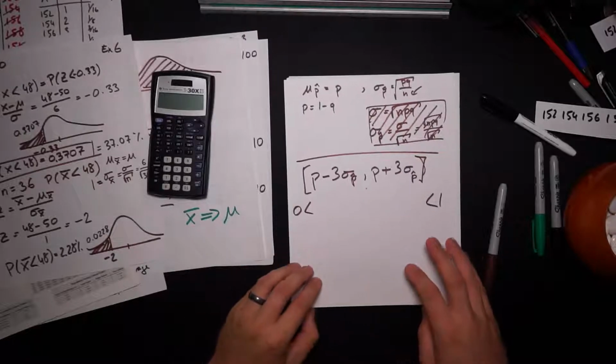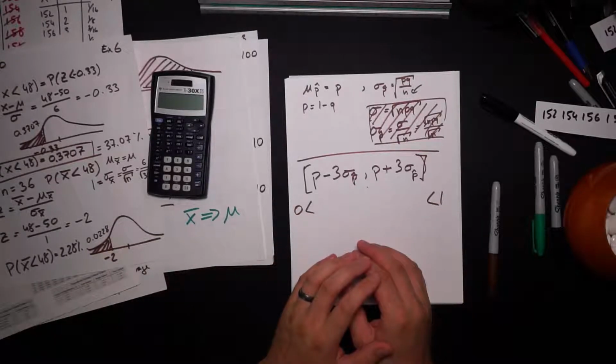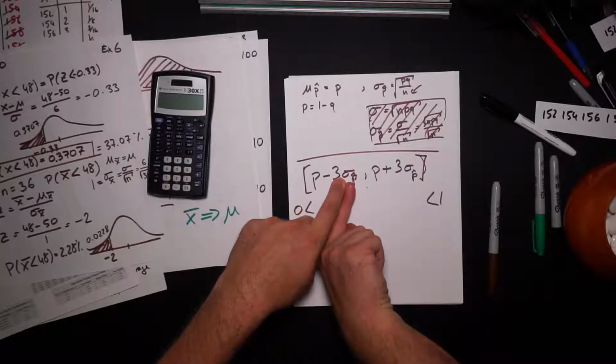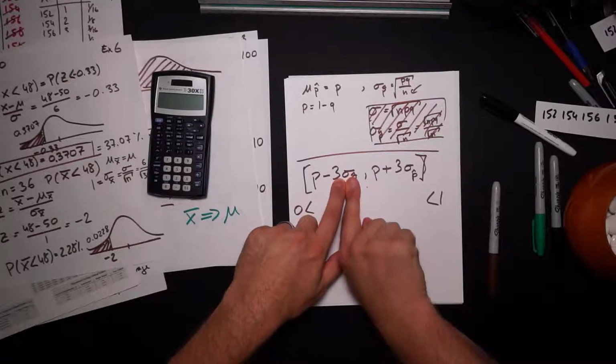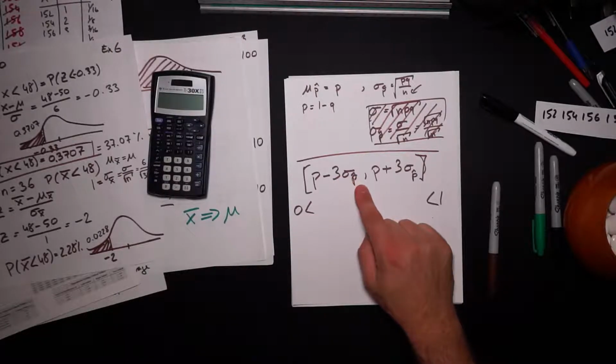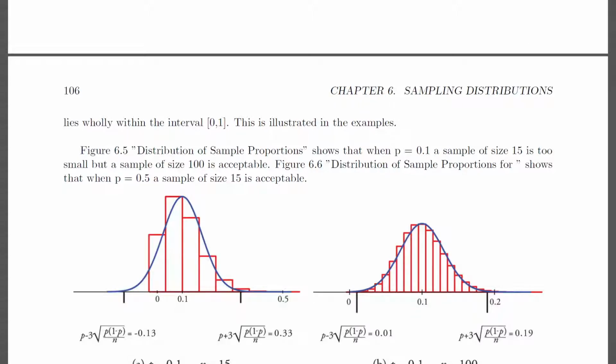Now, why do we bother with this? Well, we bother with this because if our sample is really small, then our standard deviation is very large, which means that the whole thing balloons. And here's an example of what it looks like when it balloons, this whole left graph. Those things are really shifting to the left of 0.